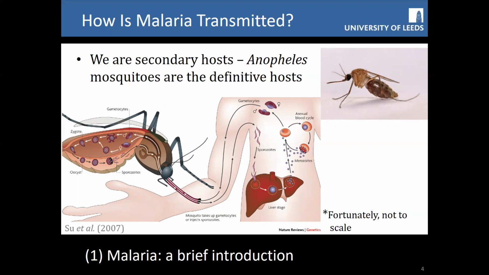And when they get released from the liver, they attack the red blood cells, which you can see there, and they eventually differentiate into male and female forms. When the mosquito bites somebody a second time that has the malaria parasite, it's those forms that go back into the mosquito, eventually mutate in the mosquito's stomach, burst through the stomach wall, and make their way back to the salivary glands again.